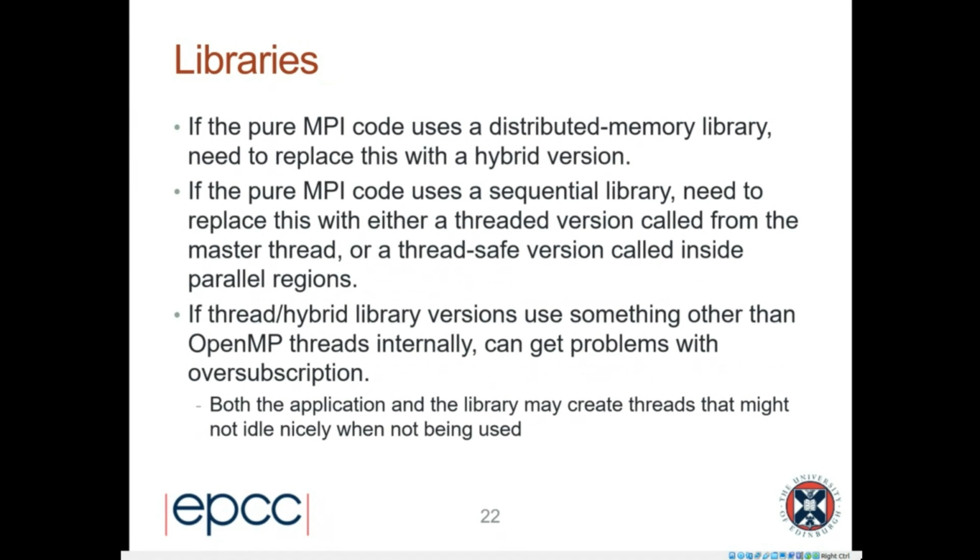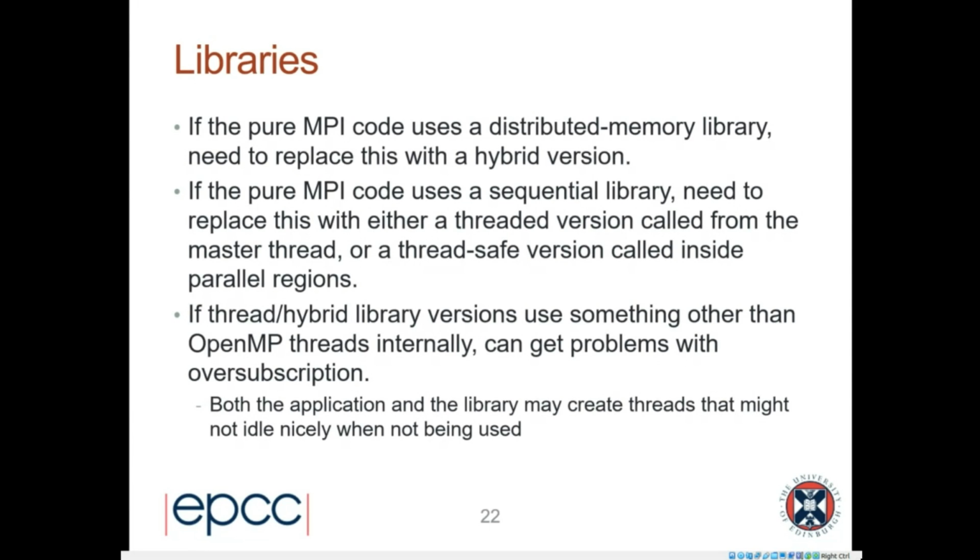Again, the main thing here is that if you use library calls within your program, FFT libraries, BLAS, LAPACK, all these things, you have to be careful. Remember, when you run hybrid MPI plus OpenMP, you are running fewer MPI processes than physical cores.